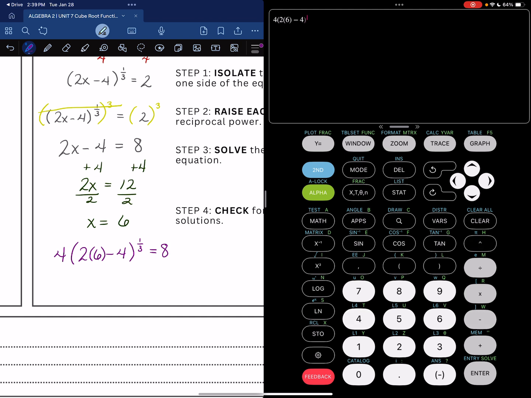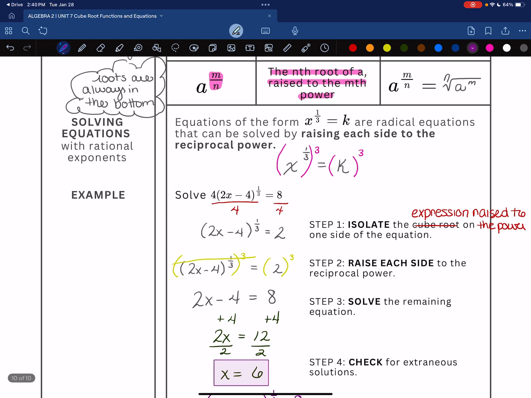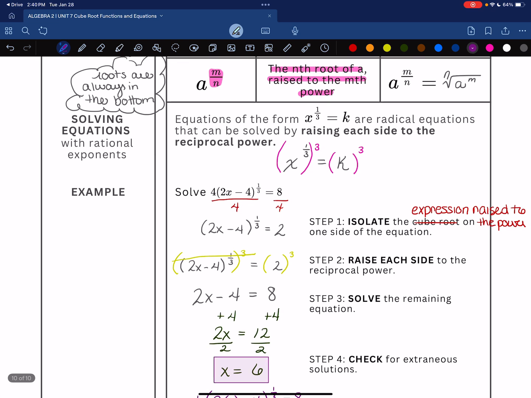Now I'm going to raise it by clicking the little caret key. I'm going to get my fraction using my green button and then the button right next to it that says frac, and then raise it to the 1/3 power. And what does that give us? It does give us 8, which is what we were looking for. So that means that 6 is the solution to this equation that involves a rational exponent.